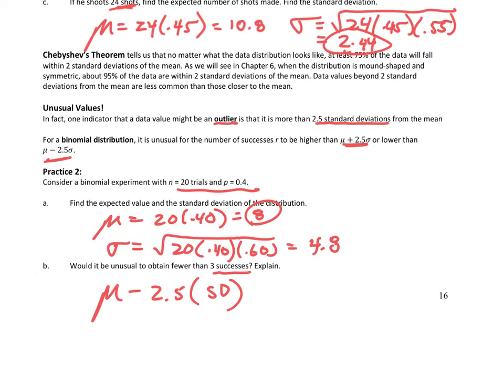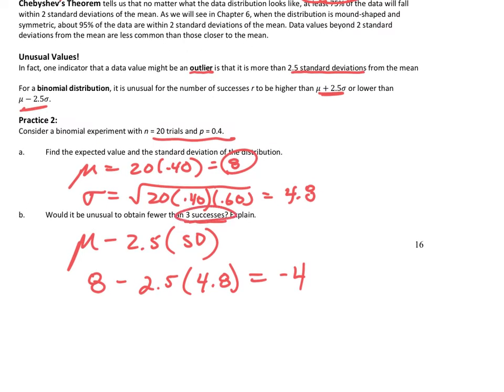So I'm going to take 8 and subtract 2.5 times 2.19, and you get 2.5. Since 3 is not less than 2.5, you would say no, 3 is not an outlier.